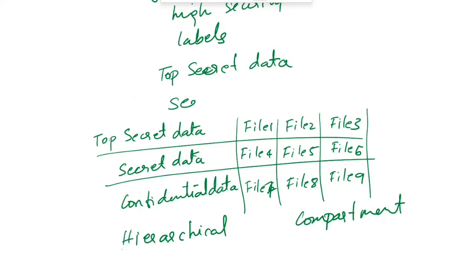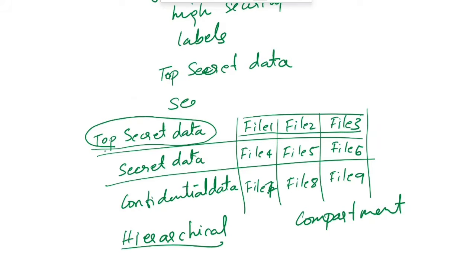In the hierarchical environment, right, if you have top secret data clearance, then you have access to all the files in your label, that is top secret data, and then you also have access to all the lower level access. Like for example, say you have access to secret data as well as confidential data.